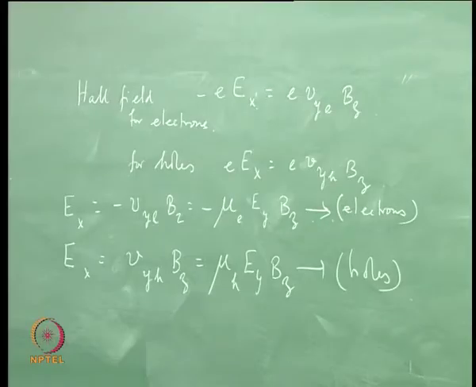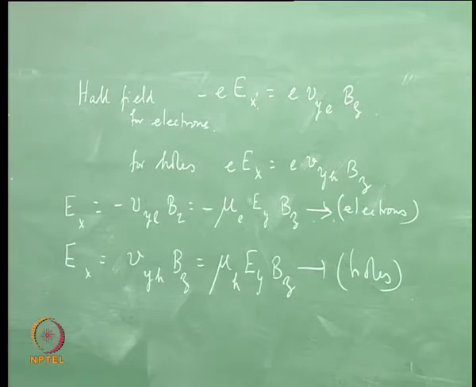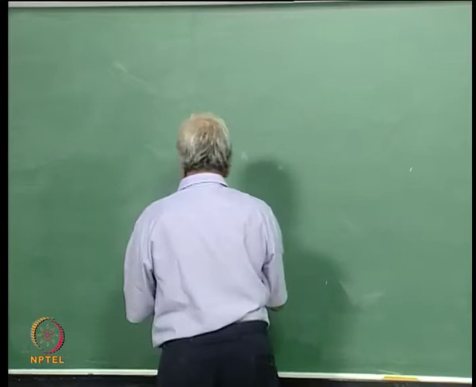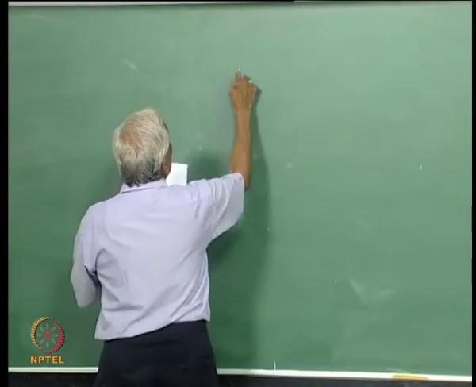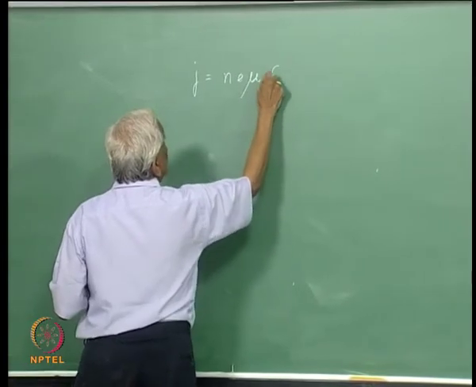So, since there is a Hall field in the lateral direction given by the sum of these two, there will be a motion of carriers, and there will be a current density contributed from both, which is given by the standard relation N e μ.